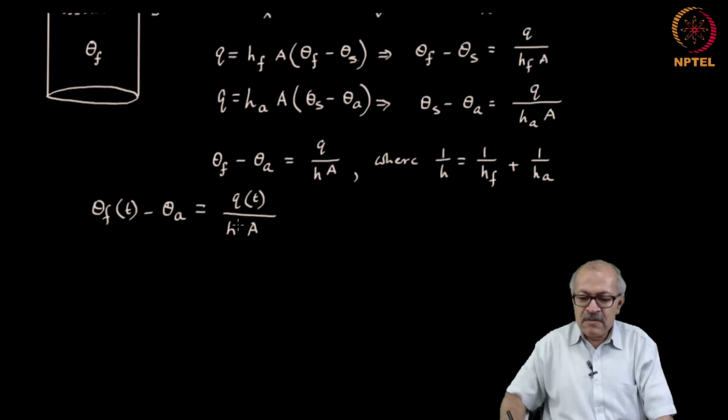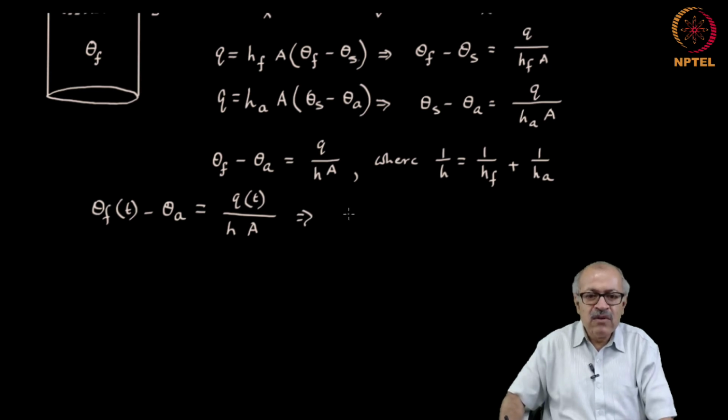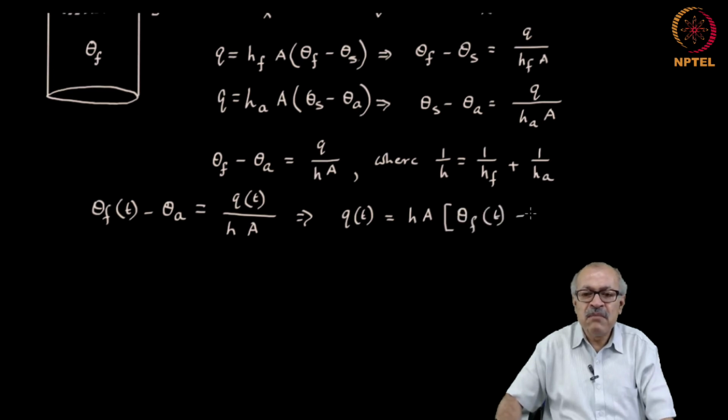So, let me write it this way. Let me write q of T on the left hand side, h a times this theta f as a function of T minus theta a, not a function of time.